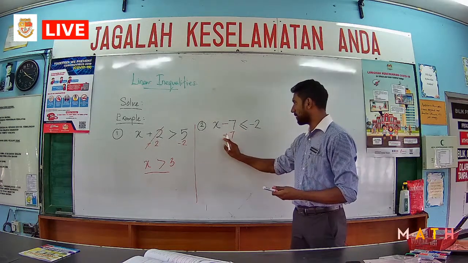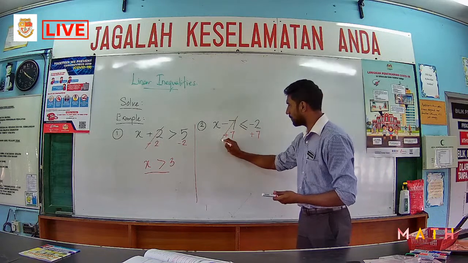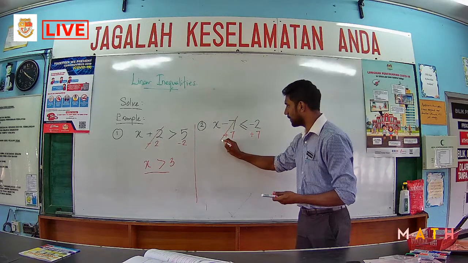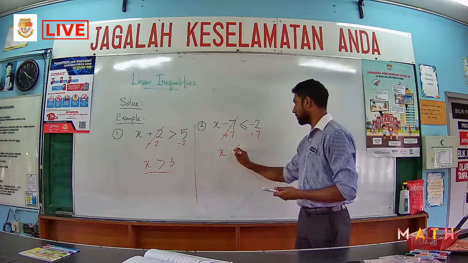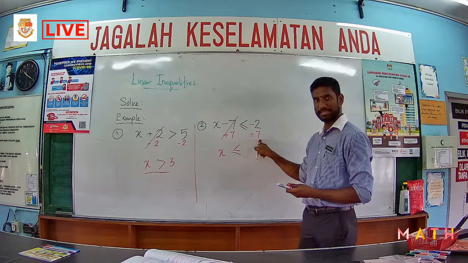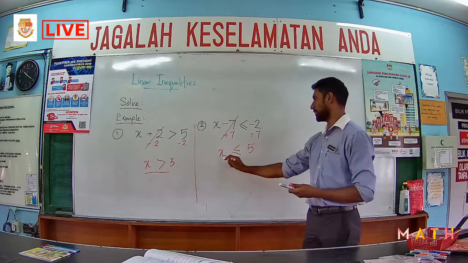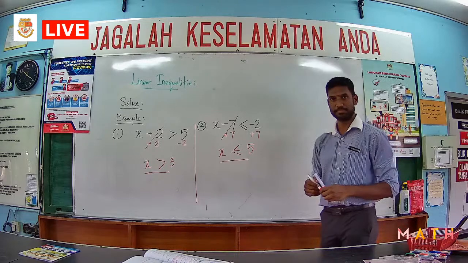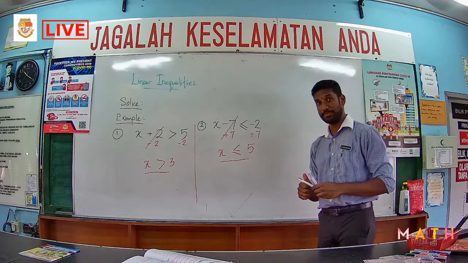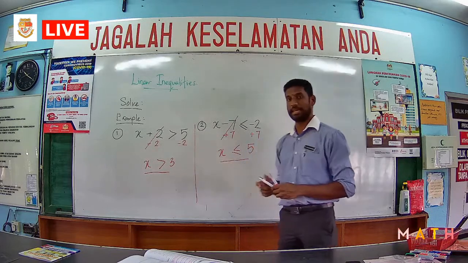If you plus 7 on one side, on the other side you need to plus 7 as well. So the numbers will be eliminated. x less than or equal to negative 2 plus 7. The answer will be positive, so this will be 5. These are quite easy to understand. I hope you can easily understand.